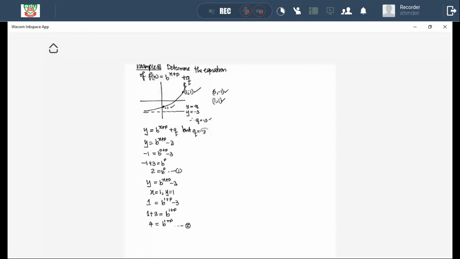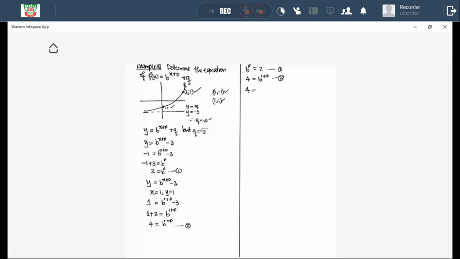Now to continue with this, I've got two equations: b to the power of p equal to 2, which I call equation number 1, and 4 equal to b to the power of 1 plus p, equation number 2.